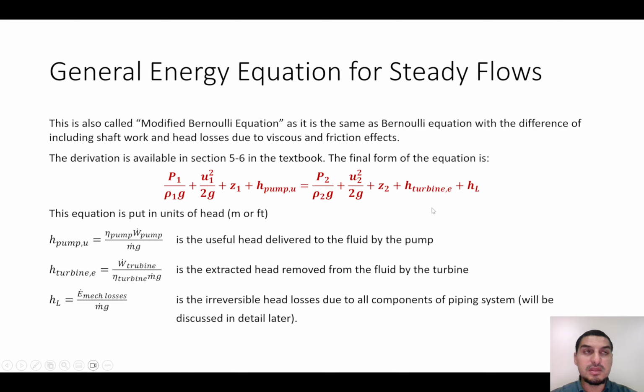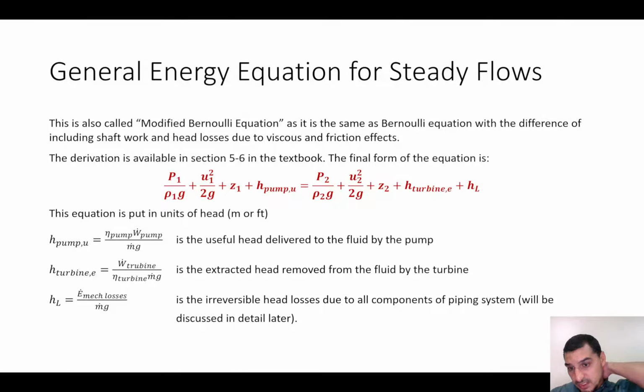And these are the three terms that we added. So they represent the three types of things that we mentioned before: the energy added by a pump, removed by a turbine, or lost as mechanical losses. This last term here is going to be discussed in detail in chapter 8, and we will spend the whole chapter 8 just to know how to calculate these losses by the knowledge of the shape of the pipe, the dimensions, the type of flow, and a lot of things.